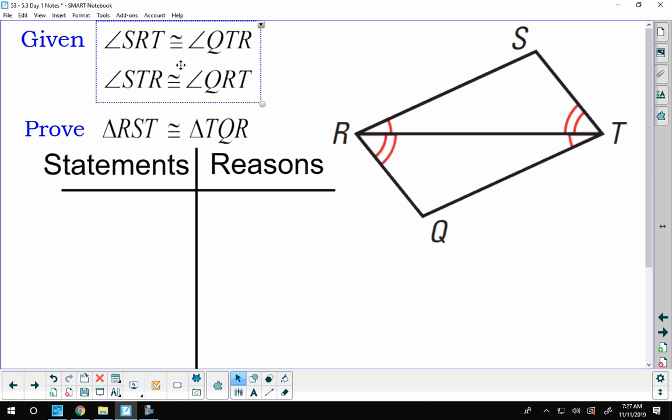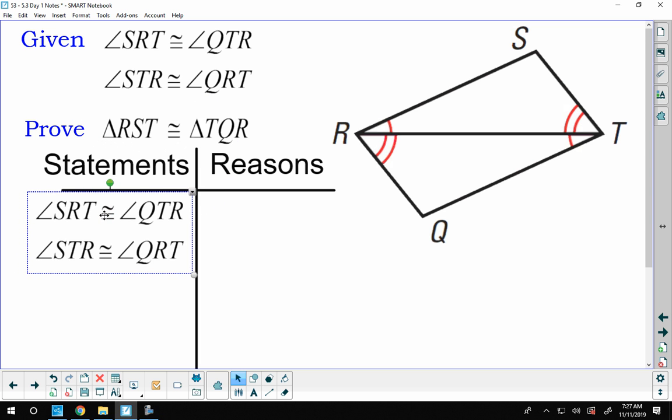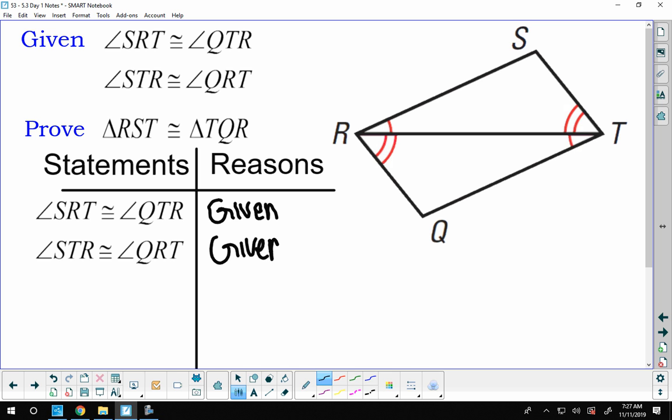So for our proofs, we're always going to start with the givens, however many givens there are. This is a given, this is a given, and I actually have both of those marked in our picture. So here we can see angle SRT is congruent to angle QRT, and angle STR is congruent to angle QTR.